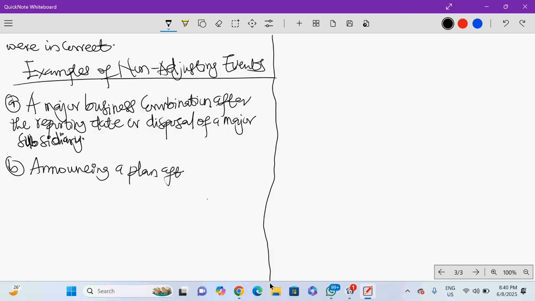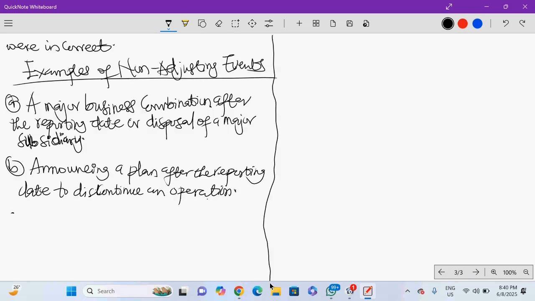Announcing a plan to discontinue an operation. So that is also a non-adjusting event and it's self-explanatory.